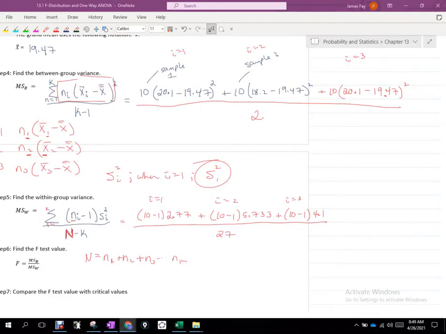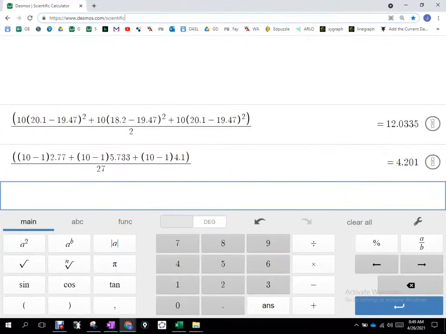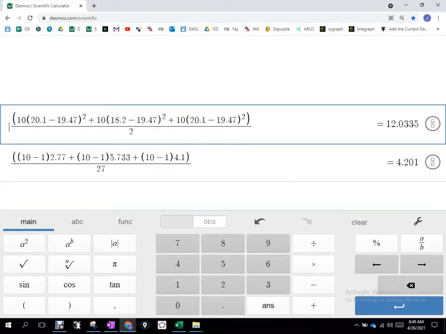And then typing in mean squares within, so it'd be 10 minus 1, and we get that information. So this up here was mean squares between, this one was mean squares within, and we divide them in that order, between over within.